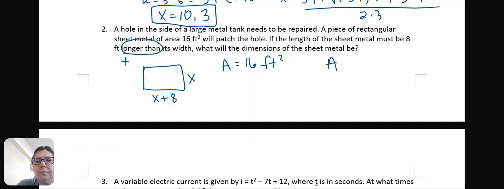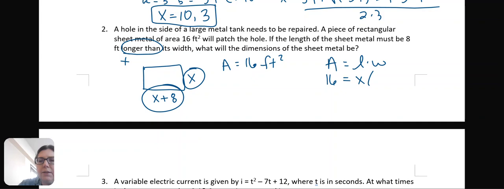Now area is always length times width. They told us the area was 16. And with the length times the width, we're just going to multiply these two side lengths, so x and x plus 8. So in order to solve this, we do have to do the distributive property first. So x squared plus 8x.